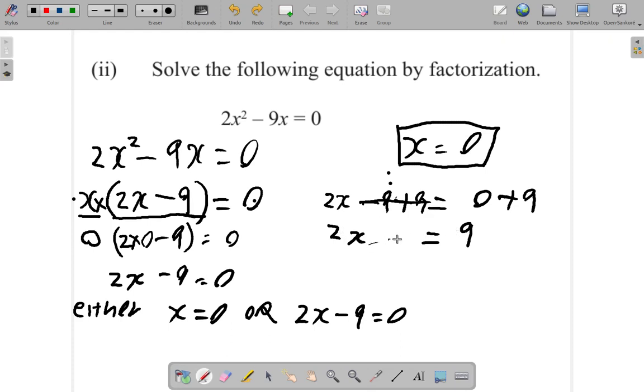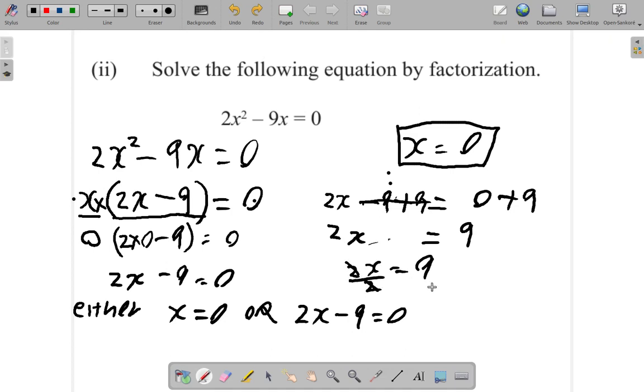Now, 2 times x is equal to 9. 2 times which number gives you 9? Or, if you don't want to think of it that way, if you have 2 times x is equal to 9, get rid of the 2 and say, let's do it separately. 2x is equal to 9, divided by 2. 2 into 2 goes 1.